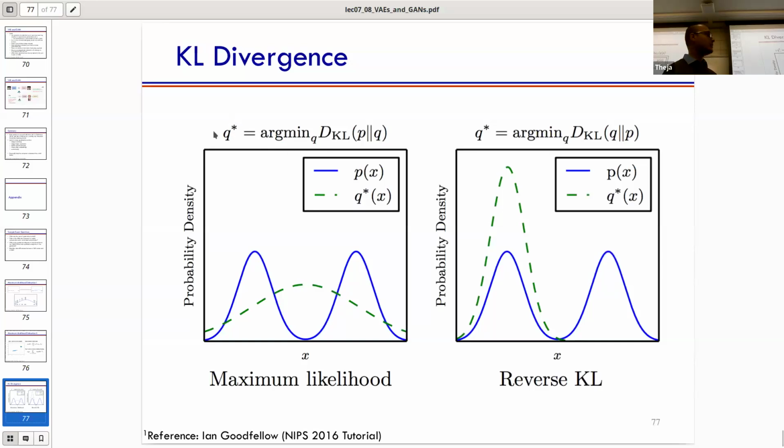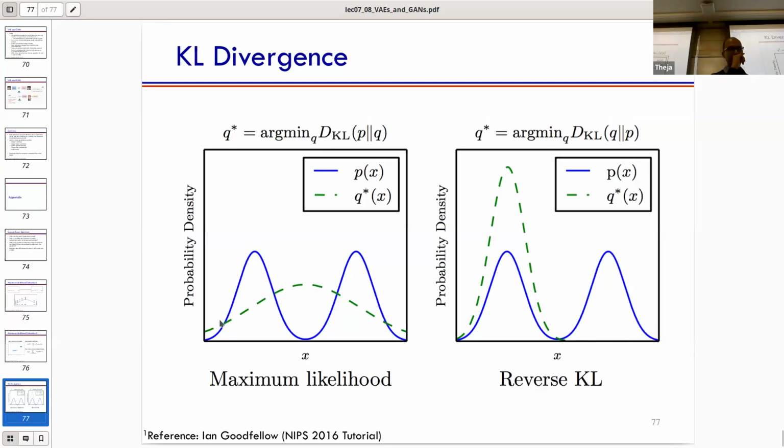Let's say that best Q is Q star. Here, in one dimension, we're just showing the best Q that minimizes the distance between P and Q. P is given; it's just data. This blue curve is given, and you're asking, give me the best Q in terms of minimizing the KL divergence between P and Q. Then the best Q happens to be this one.